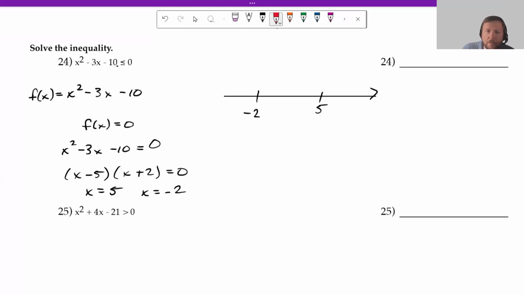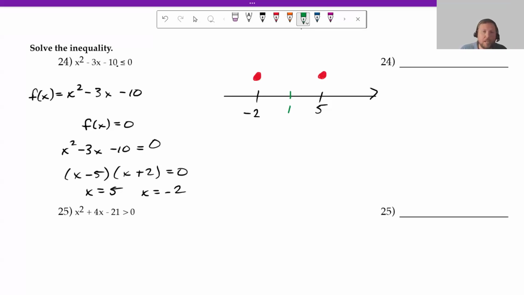Notice that it's not a strict inequality, which means that we're including the points on the x-axis. So I'm going to use closed circles. I'm going to do something different. Instead of 0, I'll pick 1. But you could pick 6 or you could pick -3.